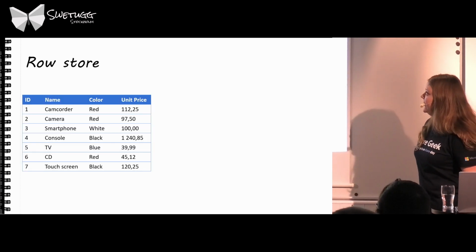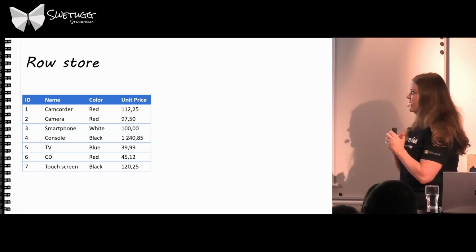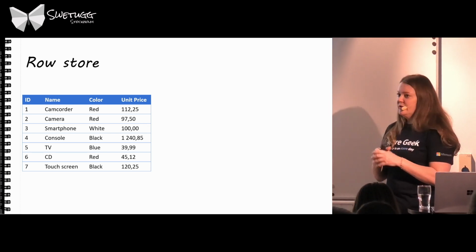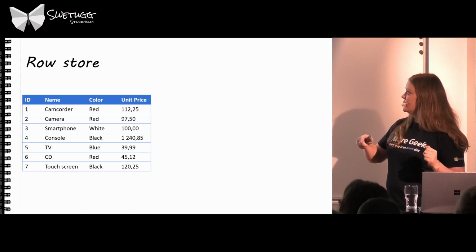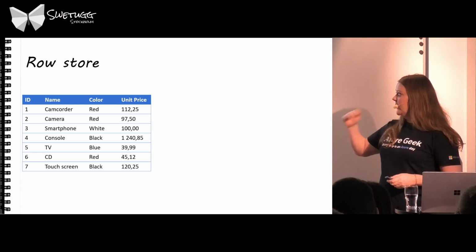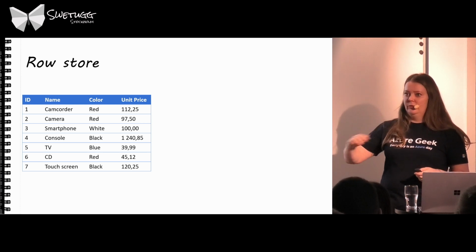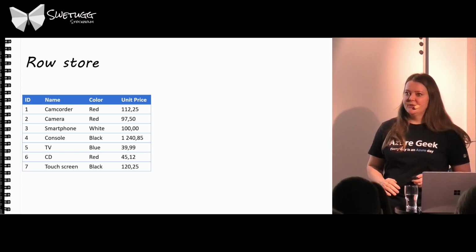Then, how does Power BI store data if data is imported? A transactional database stores data in a row store format. It's a way to quickly append data to your database. Your data is coming row by row, you put it into your database.